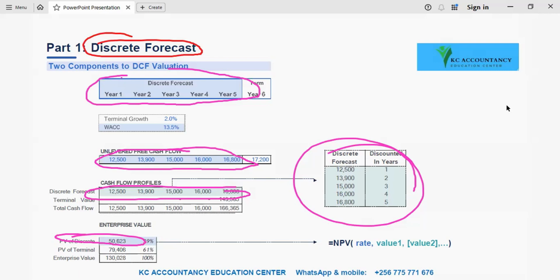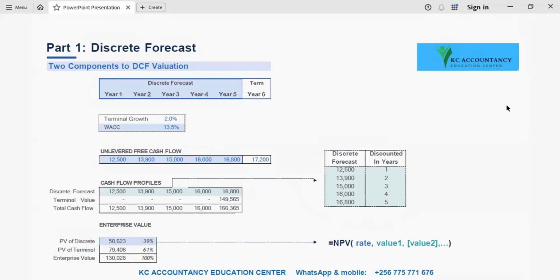What that means is that we expect the company's growth to exceed the overall economy for those 5 years, starting from this point.